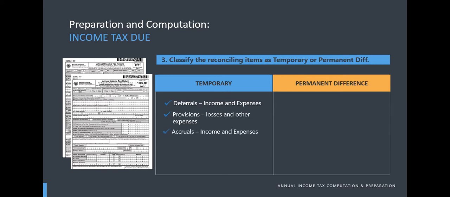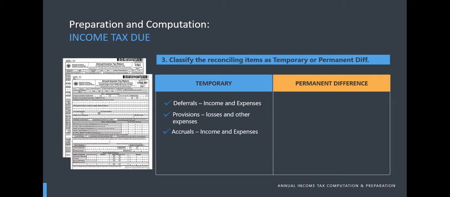Next, accruals of income and expenses. Accruals are just mere estimates, similar to provisions. So, accrual of income or accrual of bonuses. So, accrued bonuses or accrued expenses.